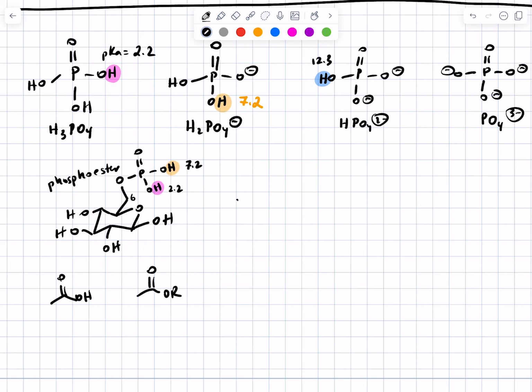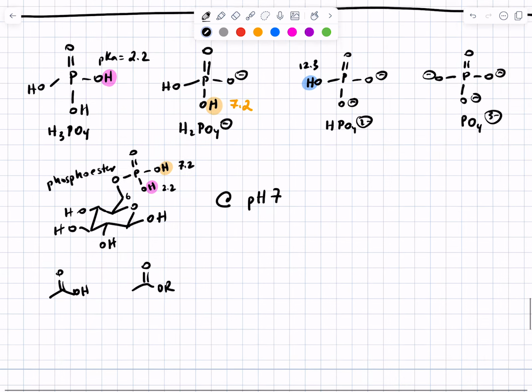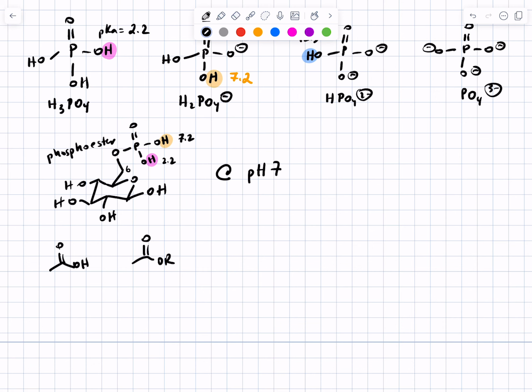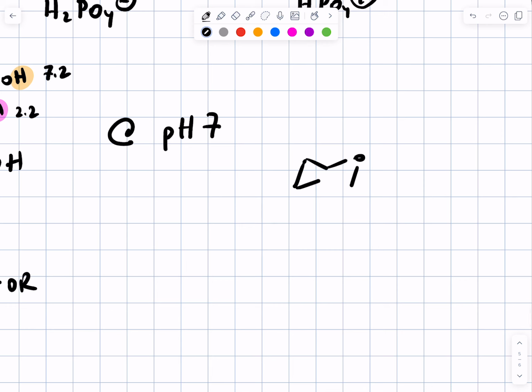So we can use that information to predict what that functional group is actually going to look like at pH 7. So tell me, at pH 7, is the pink proton still on? No, it's going to be gone. At pH 7, what about the orange proton? Half and half. How do you draw that? You don't, you just pick one. So it would be totally reasonable at pH 7 for me to draw glucose 6-phosphate as follows.